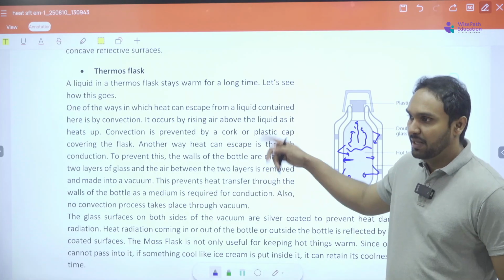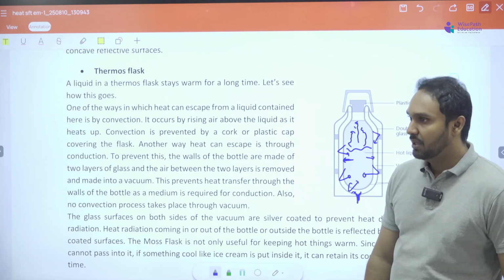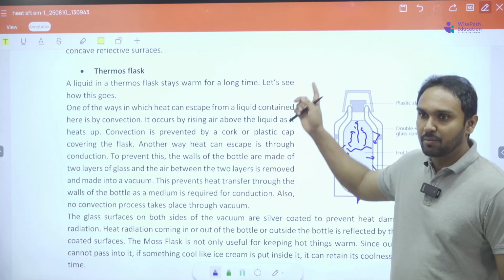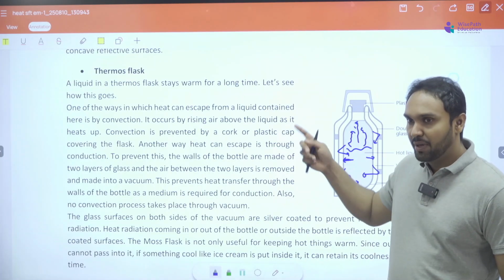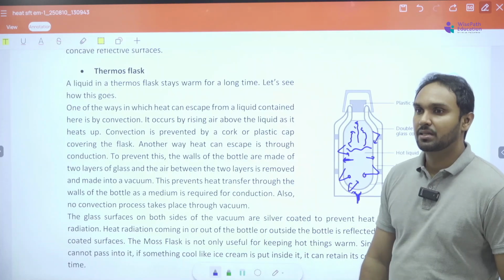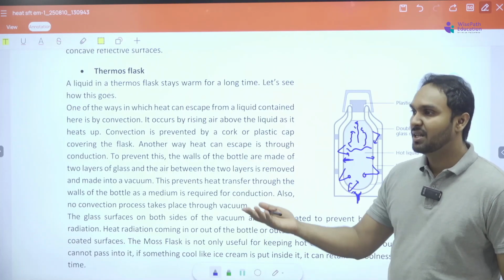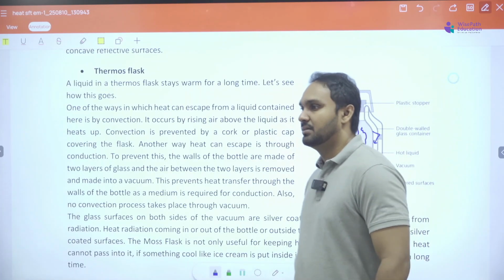One is making a vacuum to stop the conduction, putting a bottle cap to stop the convection, and plating it with the silver mirror to stop the radiation. Simple as that, isn't it? Simple.